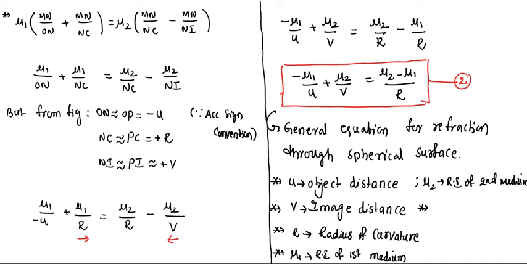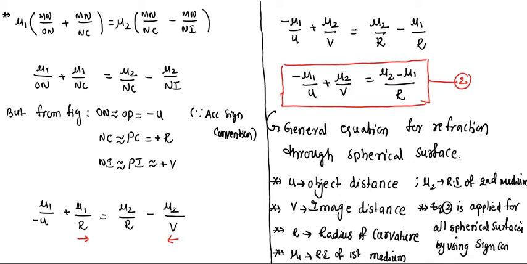The general equation for refraction through a spherical surface, equation 2, is applied for all spherical surfaces by using the sign convention rule. But you have to use the sign convention rule. That's all.